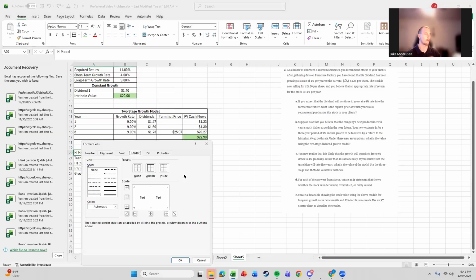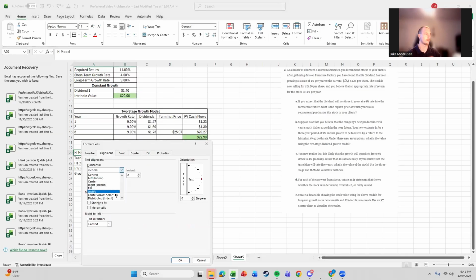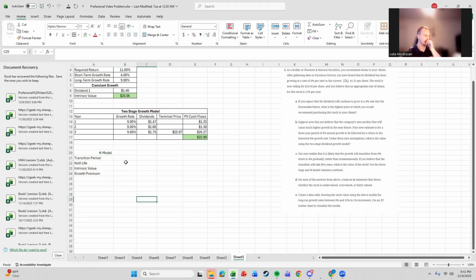So same as before, we're going to center this. And then this is going to be 5. It's going to be equal to this divided by 2, 2.5. Intrinsic value, I'm just putting this down. 6, so no, let's also just fix these really quick.